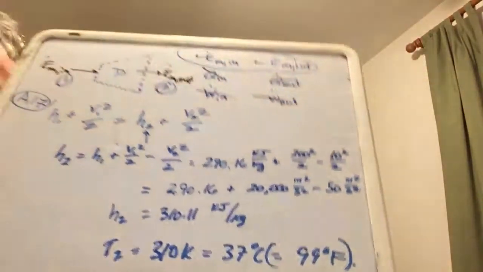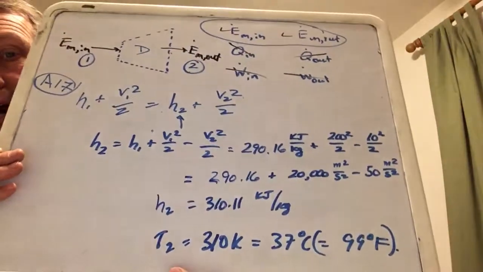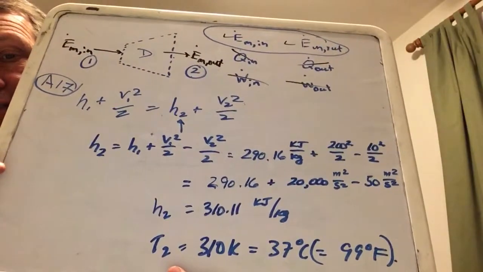If we wanted to convert that to Celsius, that's going to be 37 degrees Celsius, which is 99 degrees Fahrenheit. Okay, so hopefully the logic of all that is something that you can follow.